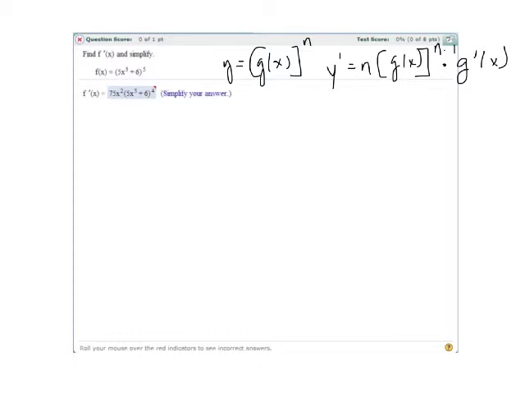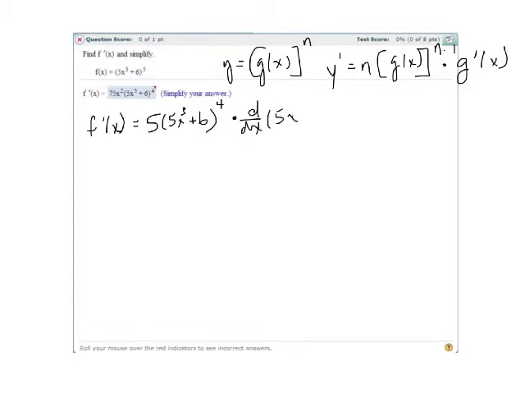So in this case, if f is 5x cubed plus 6, f prime is, bring the exponent down, so 5, subtract 1 from the exponent becomes a 4, the inside remains, and then remember the last part is to multiply by the derivative of the inside.